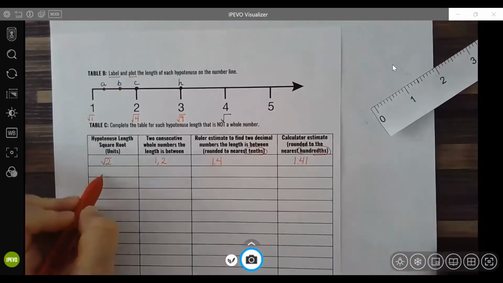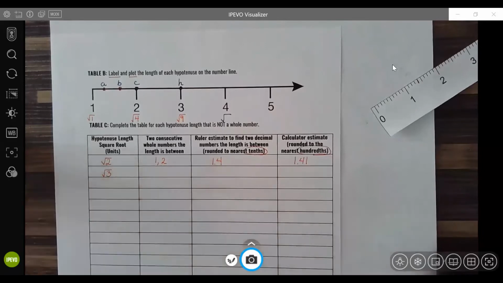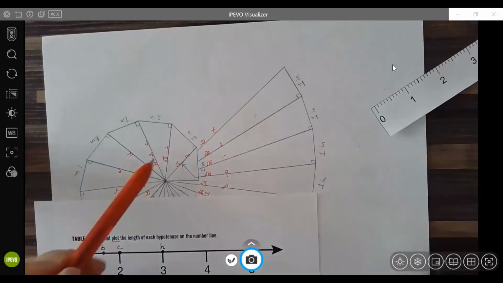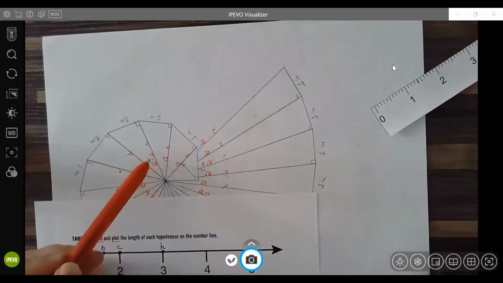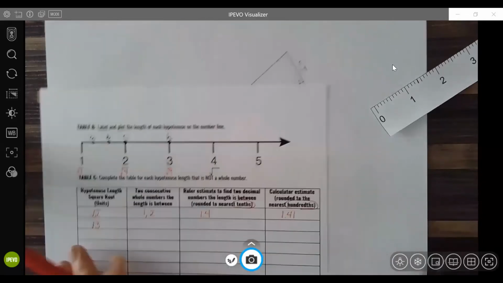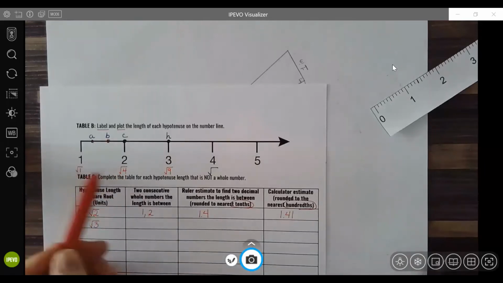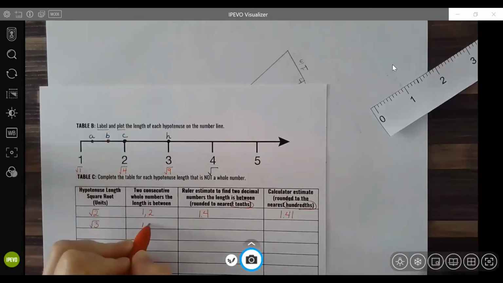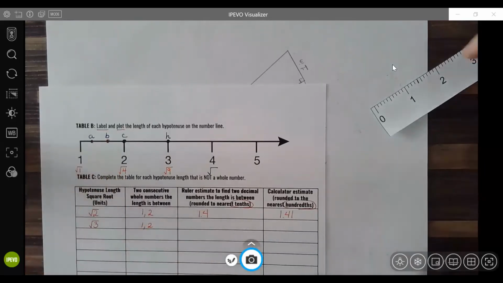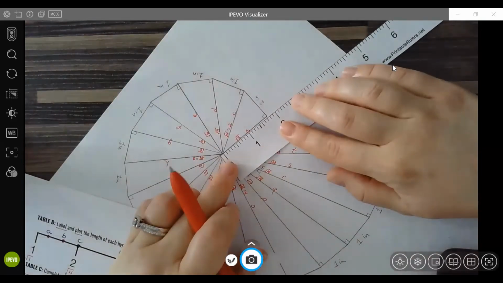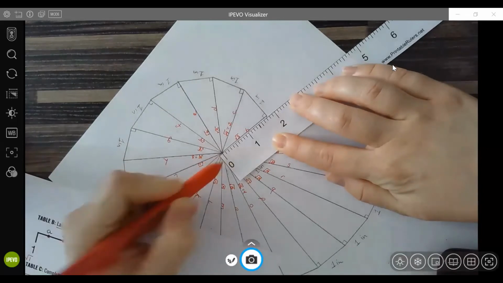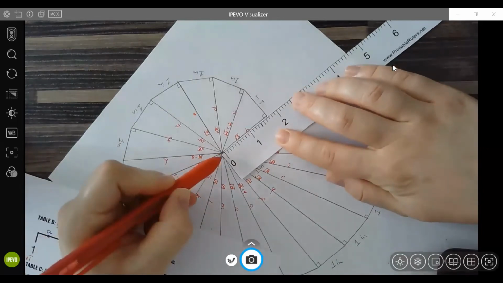So the square root of 3, which was our length B, is also an irrational number that falls between 1 and 2 on my number line. Okay, and then I'm going to, again, measure that length. Starting at my center point, make sure your 0 mark is on the center point, not the very edge of the ruler.